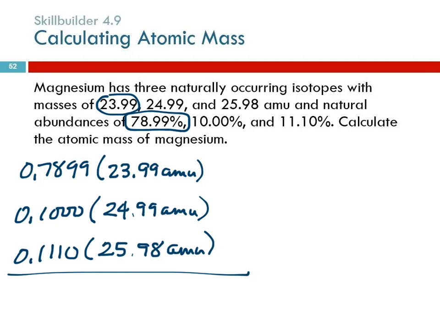So 0.7899 times 23.99 plus 0.1 times 24.99 plus 0.111 times 25.98 equals. My calculator is showing me 24.332481 atomic mass units.